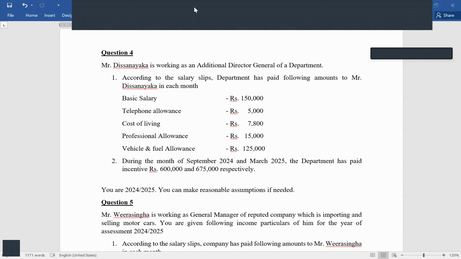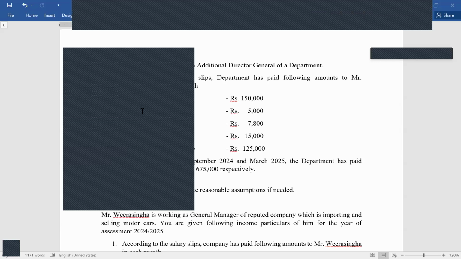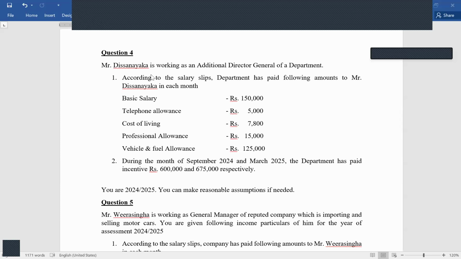Here I saw that someone who calculated the figure earlier wrote: assumed vehicle fuel is not provided for his position as an entitlement. Actually, here you cannot say not provided. We cannot say it because in the question it has already been given that vehicle allowance.